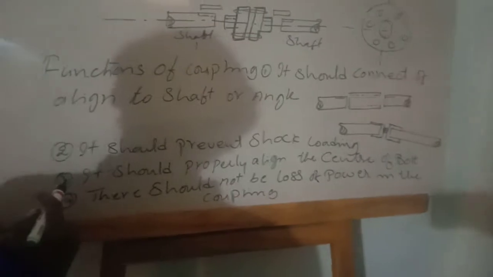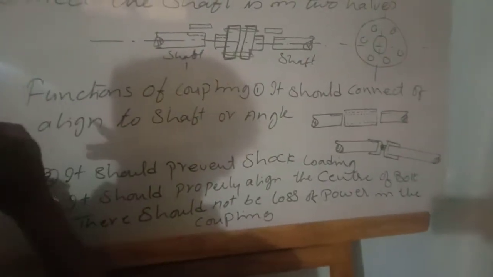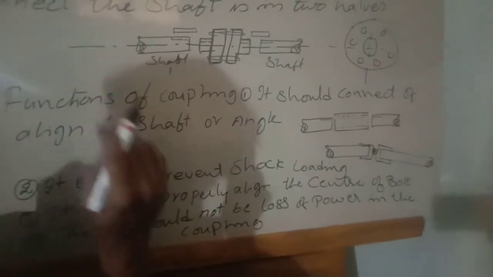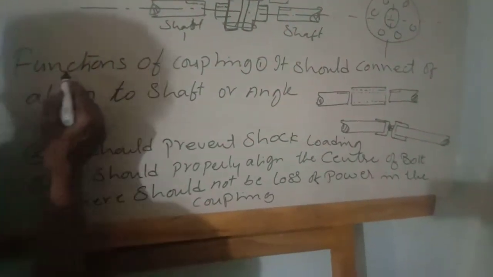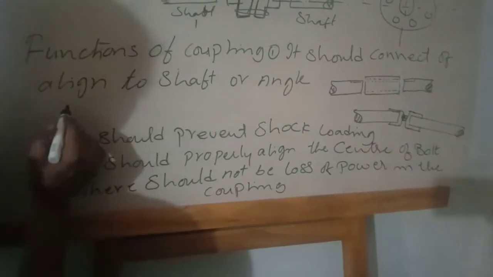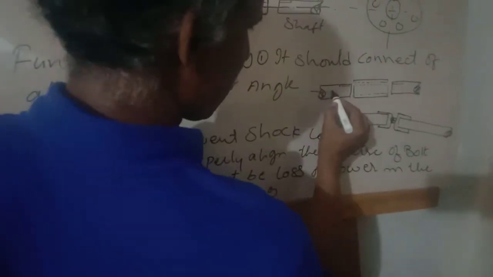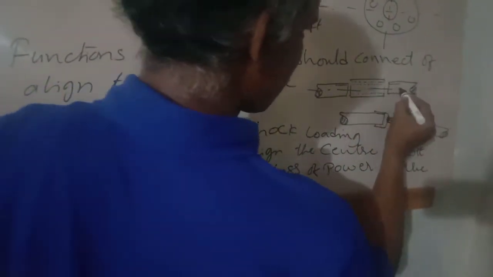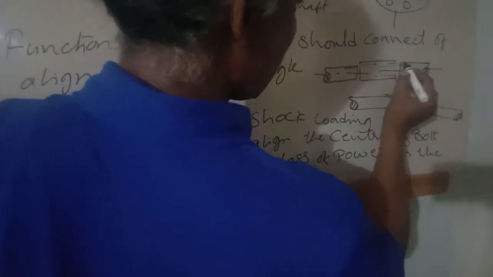So when you couple a shaft, it should be fixed in the same axis. That's why the function of the coupling is that it should connect and align the shafts. This shaft should align to this shaft.